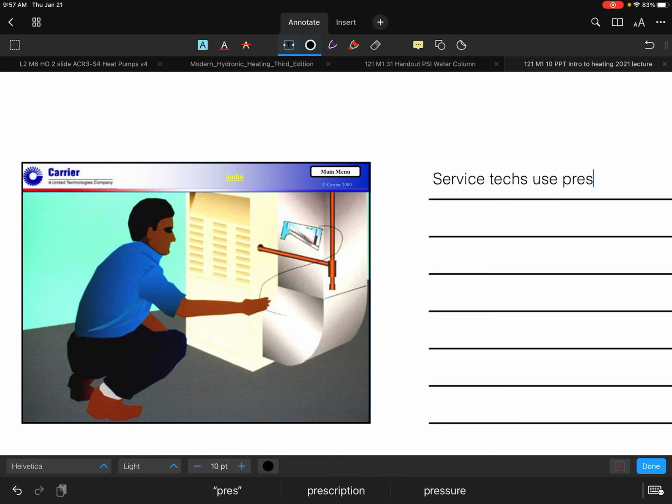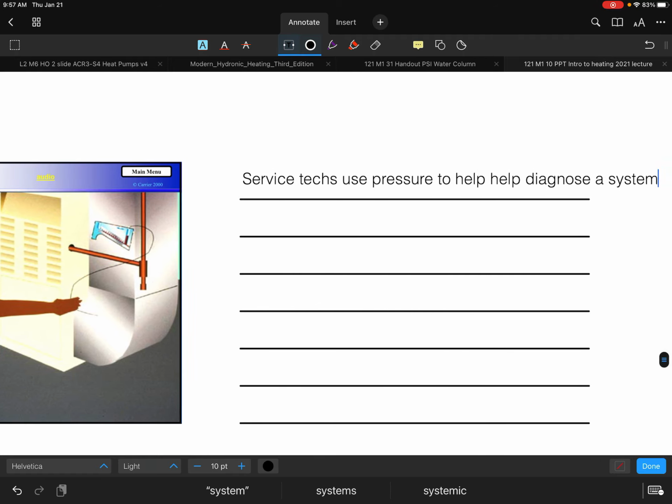Basically, we use pressure to help us diagnose a system, as a general rule.